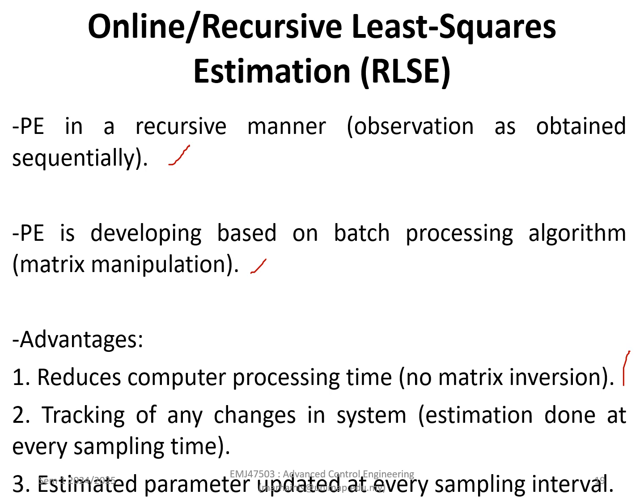Also, since the estimation can be done at every sampling interval, it allows the tracking of any change that might occur in the system. RLS can be used to estimate parameters of a transfer function in an online manner, where the estimated parameters are updated at every sampling interval.